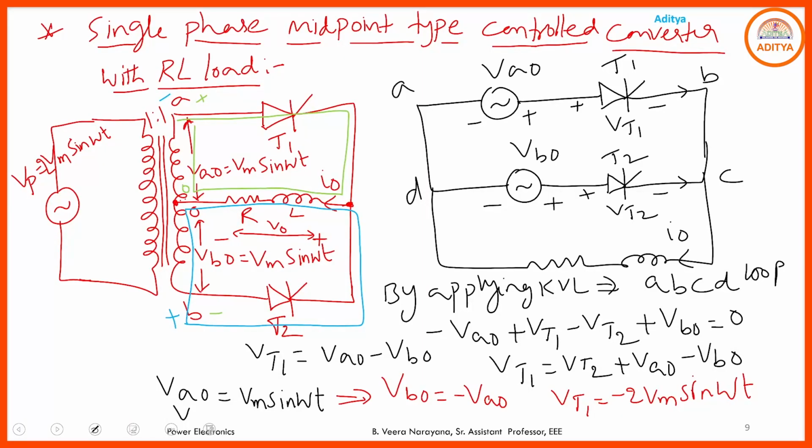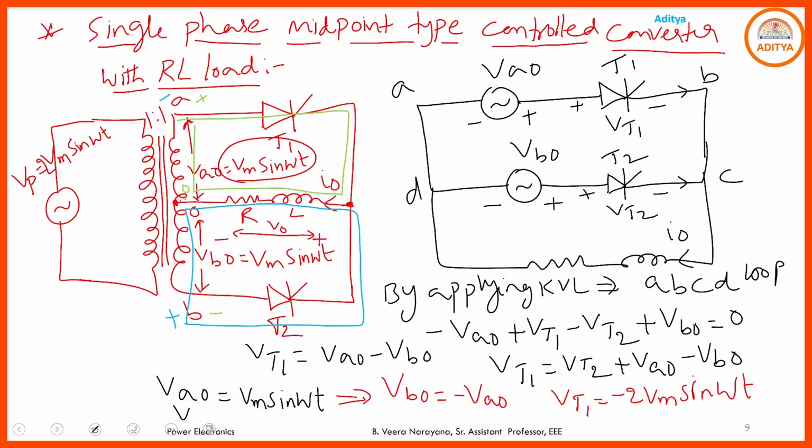How much voltage do you transmit to the load? Only Vm sin omega t. Out of 2 Vm sin omega t we are able to transmit to the load only Vm sin omega t. That means half of the power is transmitted, hence the rectification efficiency is also low.